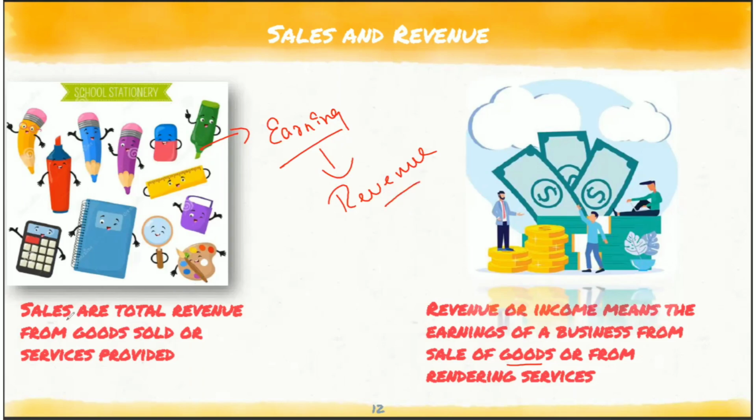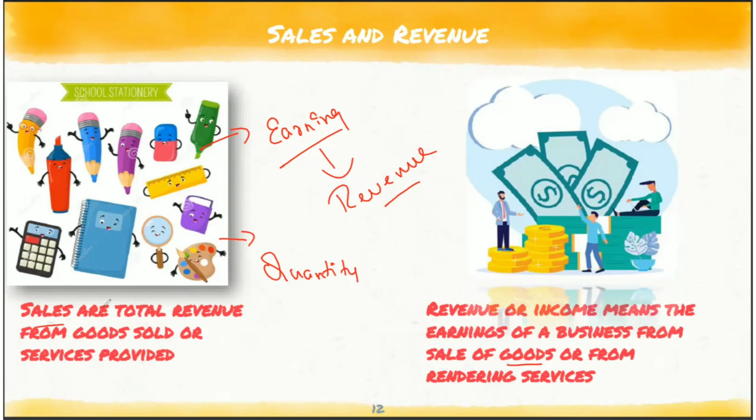Now moving on to sales. Sales is nothing but the total revenue from the goods sold. How much goods have I sold? When we are talking about sales, we consider the quantity of goods. We do not consider the total price or total cost.